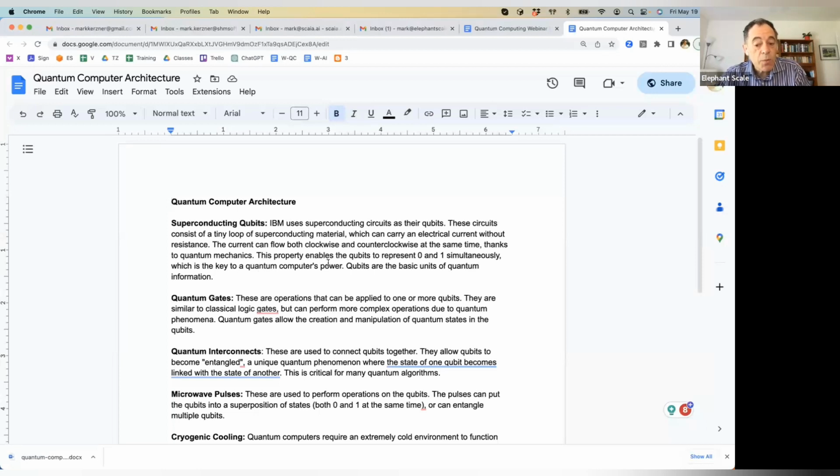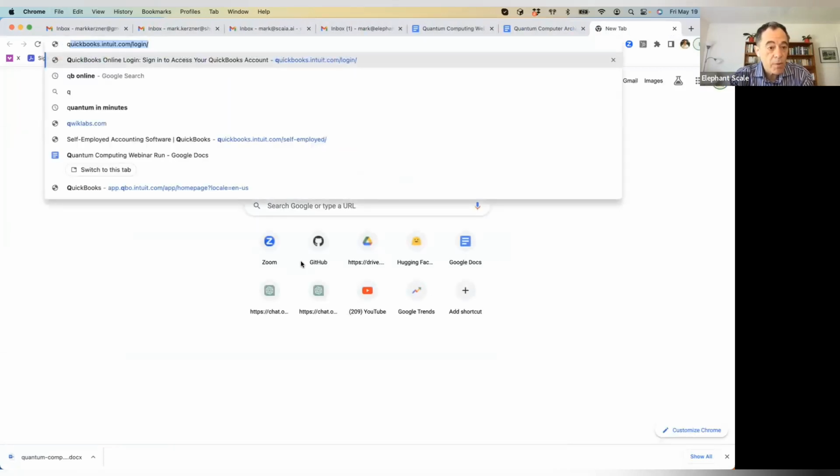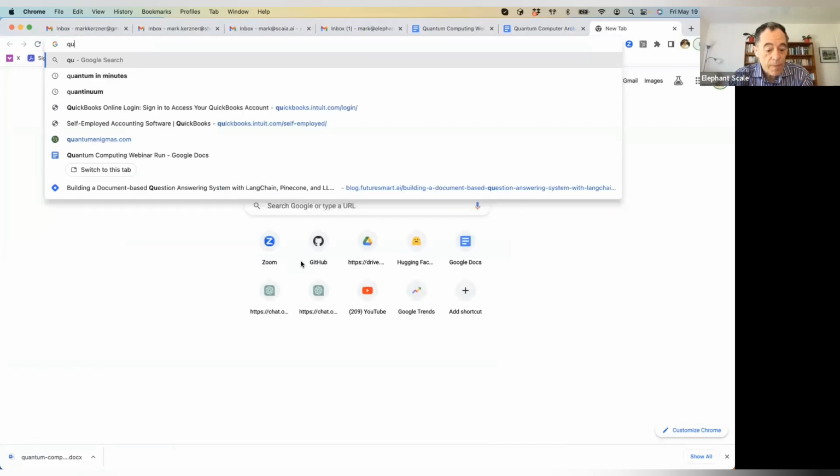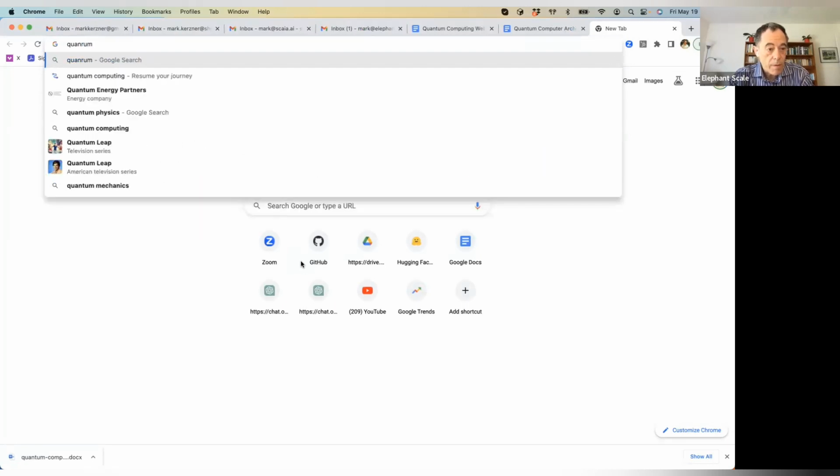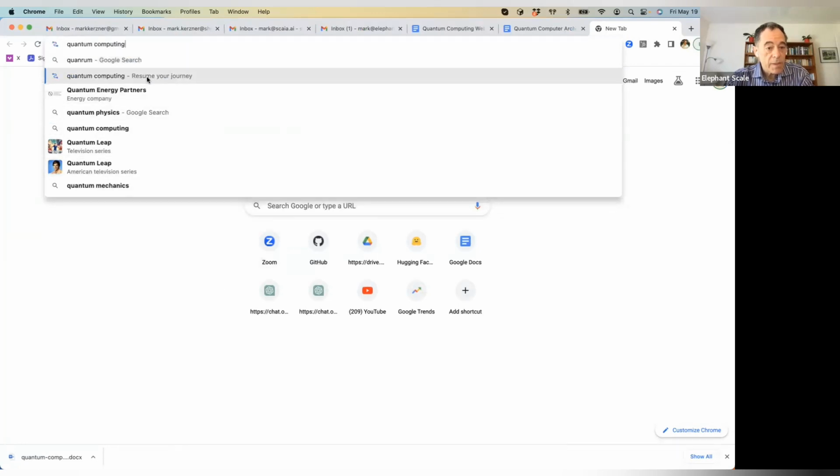They use superconducting circuits and they use them at super cool temperatures. They like to brag that it is colder than in outer space. So when we look at the quantum computer, let's again look at quantum computer. It just doesn't want to spell for me like this.